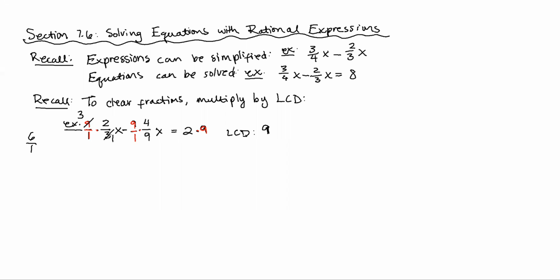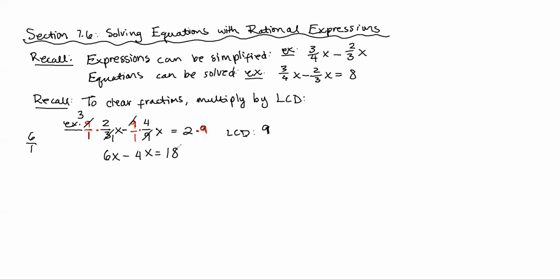So really when you're doing this, we don't care about the denominator as long as they're both 1s. So we get 6x minus, now these 9s just cancel out, and we get 4/1, which is just 4x, equals 2 times 9, which is 18. Now you should have a pretty nice equation with no fractions.